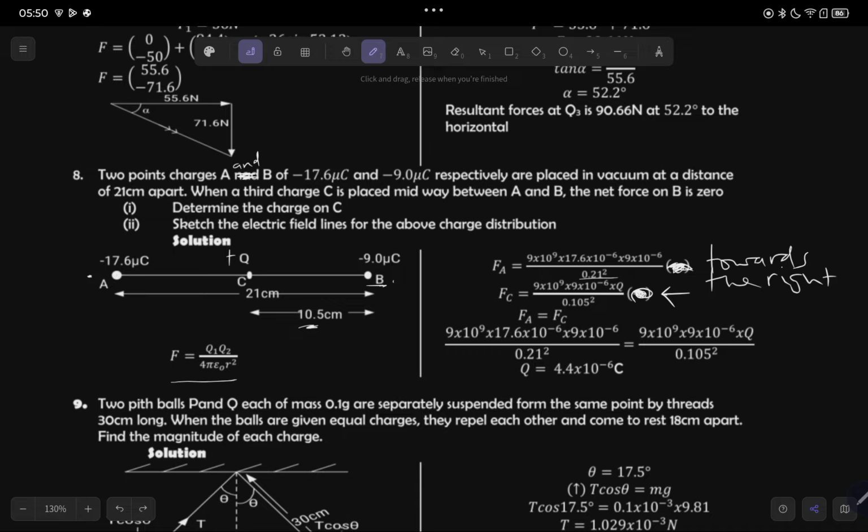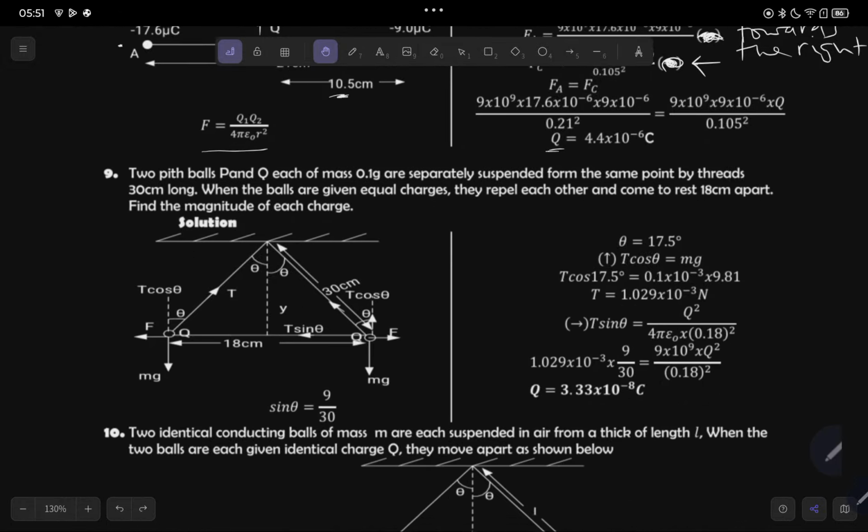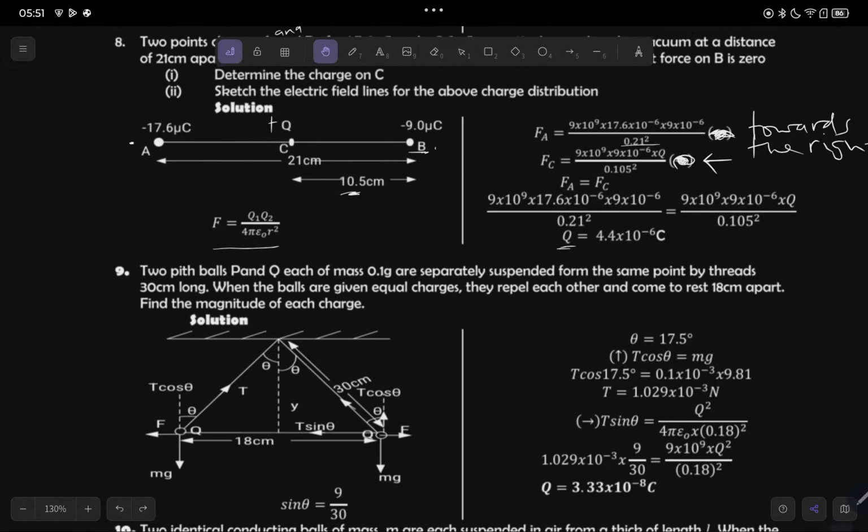So these two, since they are equal and opposite, for them to cancel and give us a net force of 0, just equate the two. Now you work out the value of the charge Q as 4.4 times 10 to the power negative 6 coulombs. We go to question number 9.